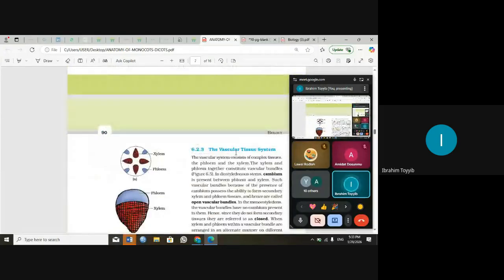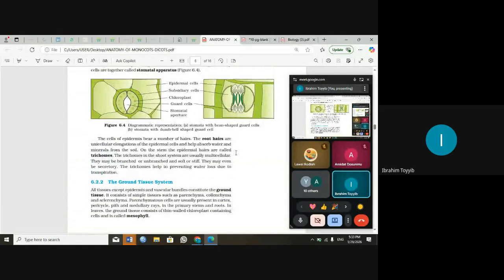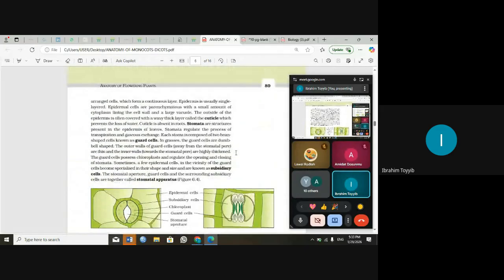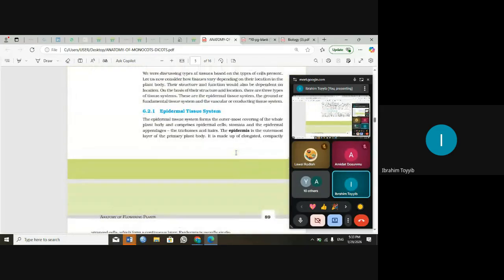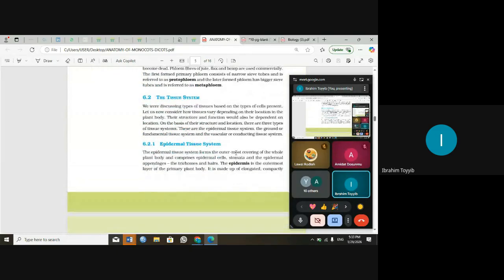Let's quickly look at the epidermal tissue system. I said anytime you hear epidermal, it means outer part of the plant body.